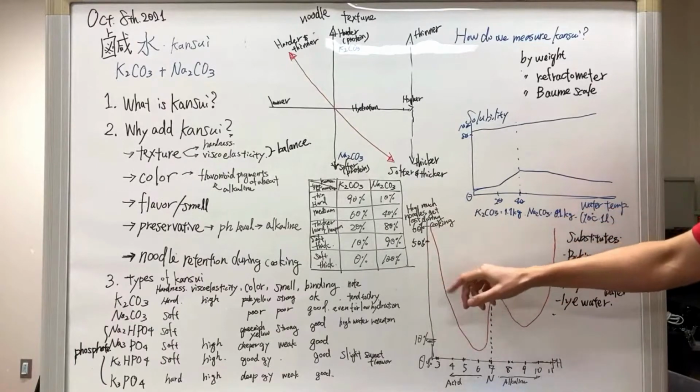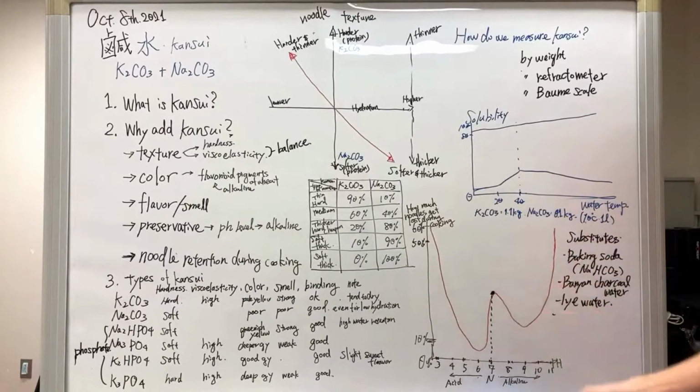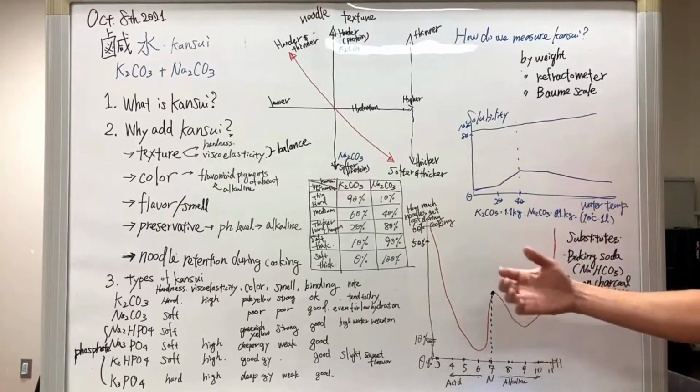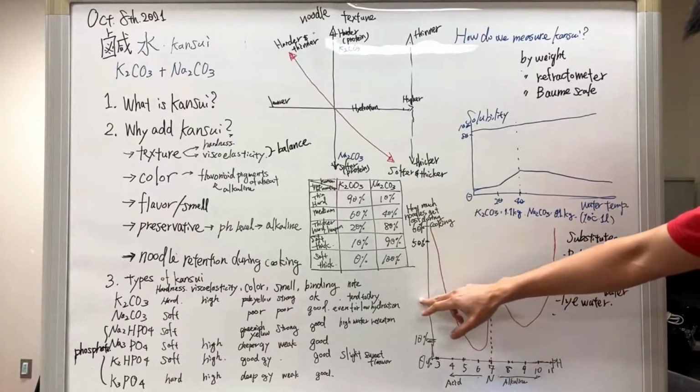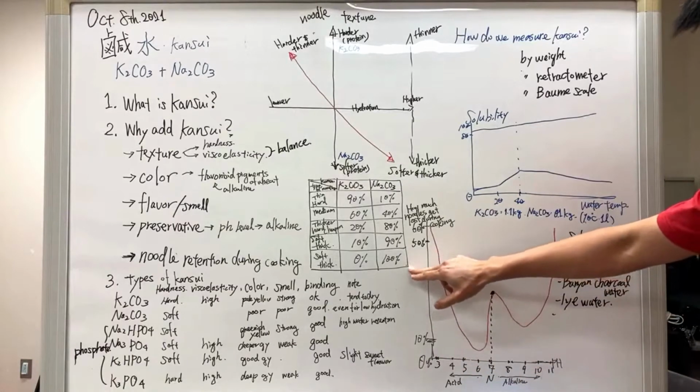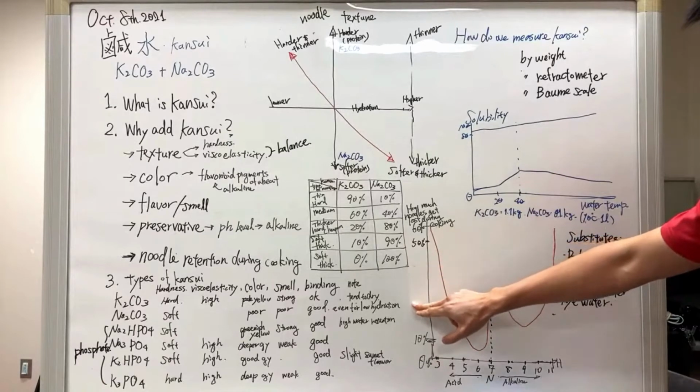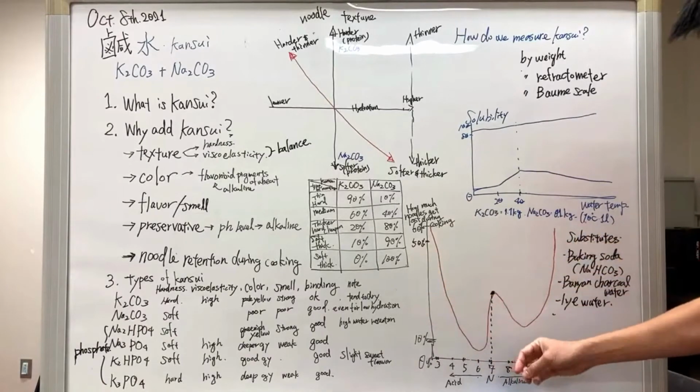Because when you boil noodles at close to 100 degrees Celsius, they dissolve into the cooking water over time.